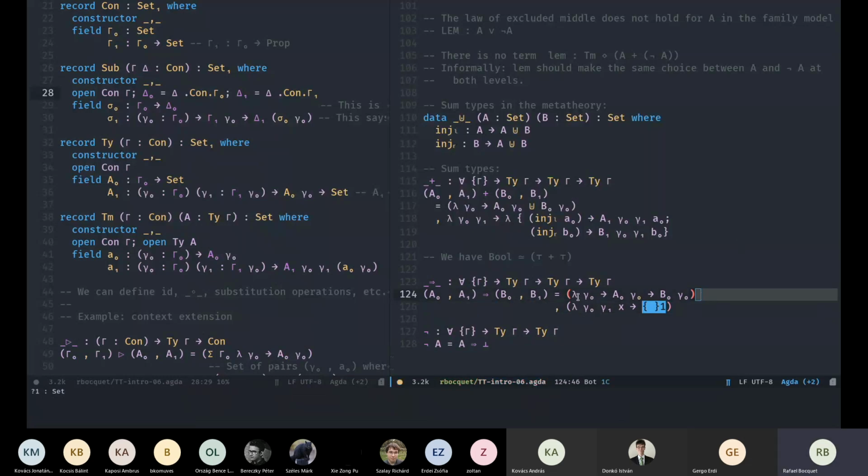And so the first component is just the same as in the set model. So it's just a dependent function from A0 to B0 over the context. And the second layer is also a dependent function, but with more components.